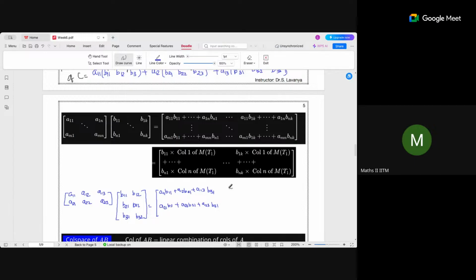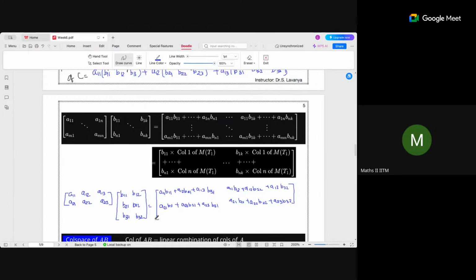Similarly, here you will have A11 B12 plus A12 B22 plus A13 B32, and A21 B12 plus A22 B22 plus A23 B32.